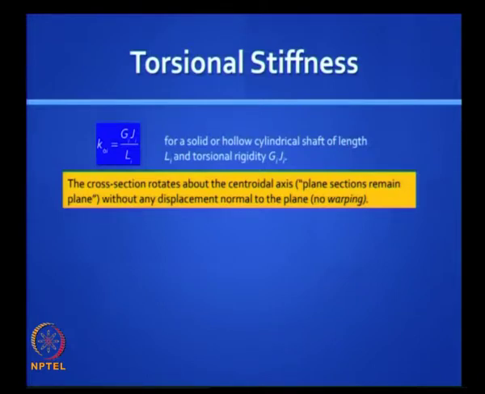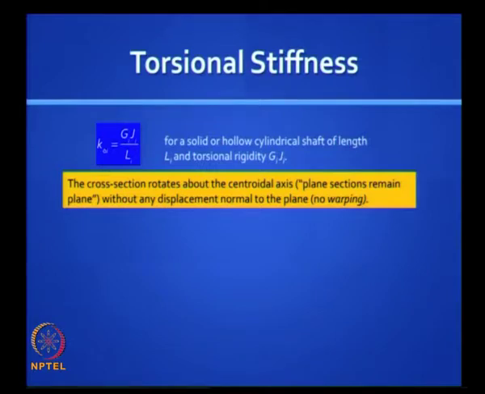It is important to note that this concept of polar moment of inertia is strictly applicable only to circular sections, cylindrical sections. They could be solid or annular. The reason is, in non-circular sections, you are likely to encounter warping, longitudinal movements, which need a separate treatment.